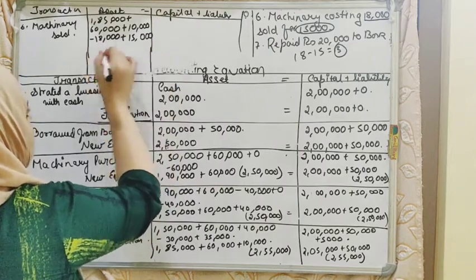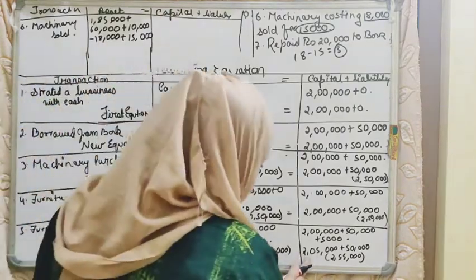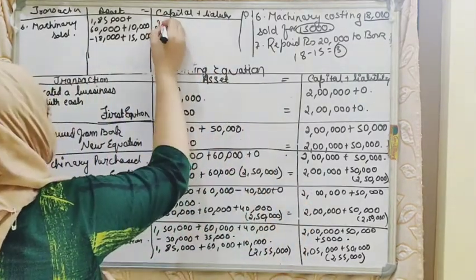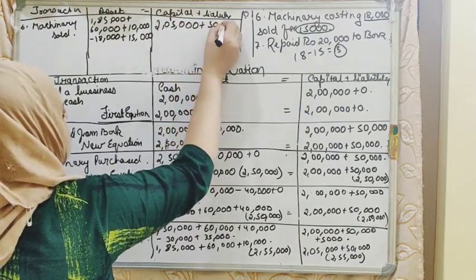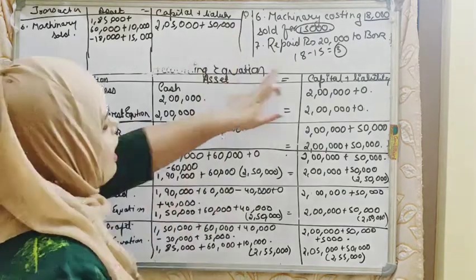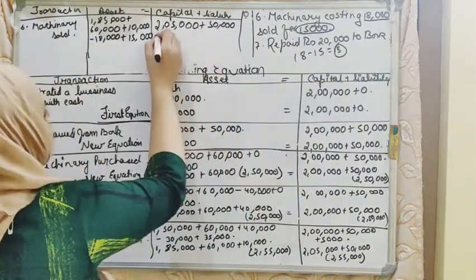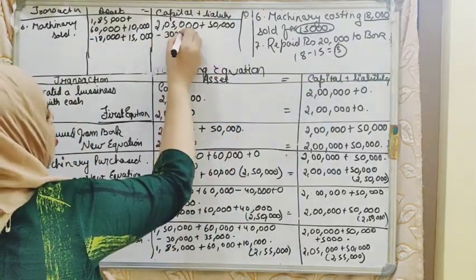So if you solve this, here it will be 2,05,000 plus 50,000, and 18 minus 15, that is 3,000. So minus 3,000 because it is a loss.